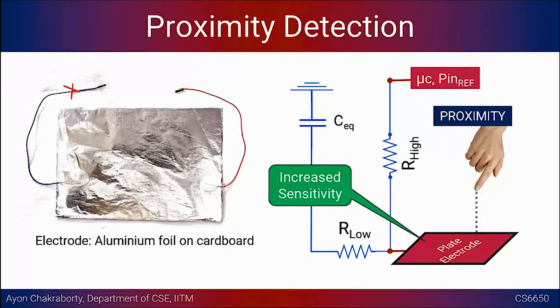This was just for improving the sensitivity or doing some other experiments. For now, you can simply assume that this is one electrode with just one pin connected, which goes to the microcontroller, and this is the P sense. This entire thing is your electrode, and you can touch at any point within this electrode.